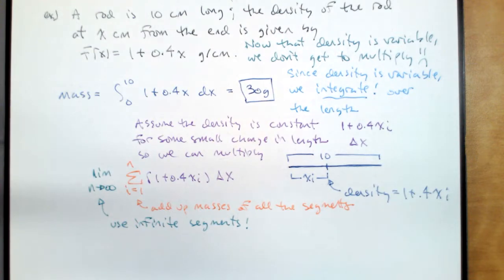We pick a fixed value of x, evaluate the density. So when xi is equal to 5, the density is 1 plus 0.4 times 5. And then we use that density for some small change in x.